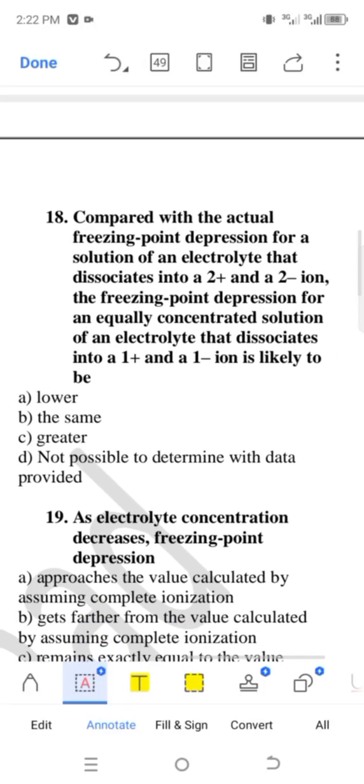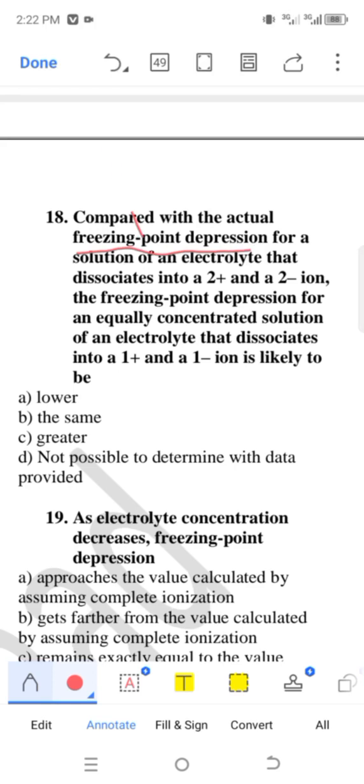Question 18, it's also about the actual and expected, compared with the actual freezing point depression. So delta Tf is among the 5 quantities. So for a solution of an electrolyte that dissociates into 2+ and 2- ions, a salt that has 2+ and 2-, like MgSO4 for example.